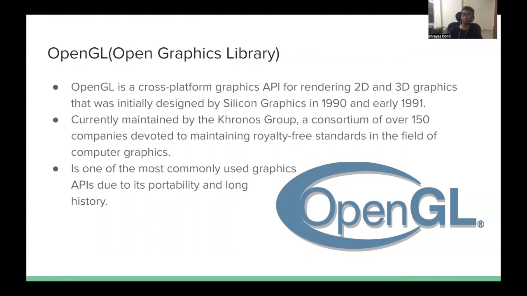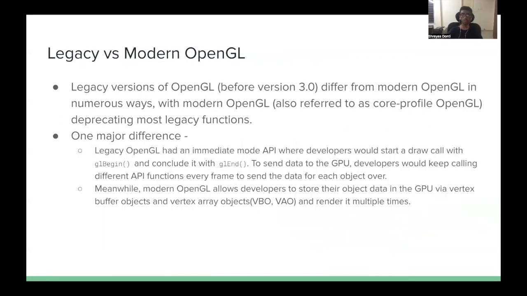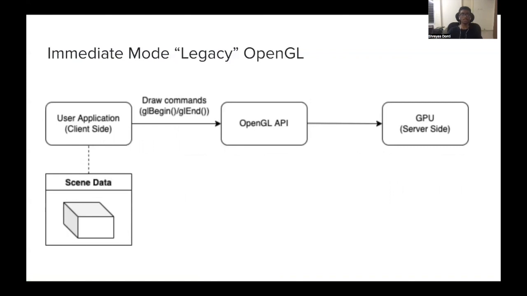One of its biggest changes was the transition from an immediate mode API to what is known as a retained mode API. Legacy versions of OpenGL, which are versions before version 3.0, implemented what is known as an immediate mode API. You see here, an immediate mode API of legacy OpenGL would have the scene data for an application be stored on the client side, the user application.